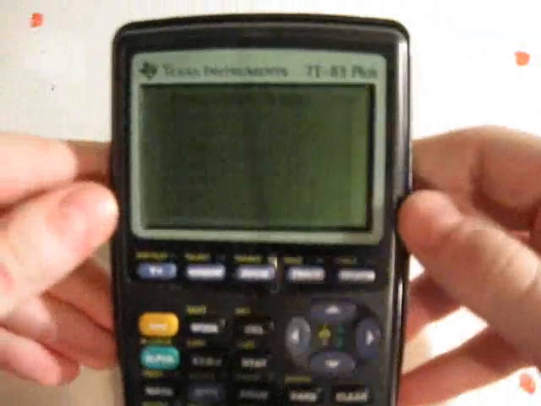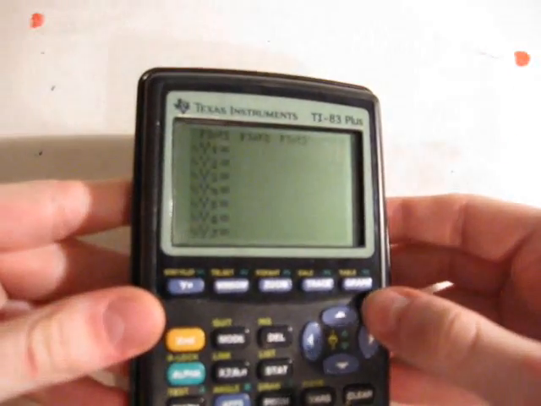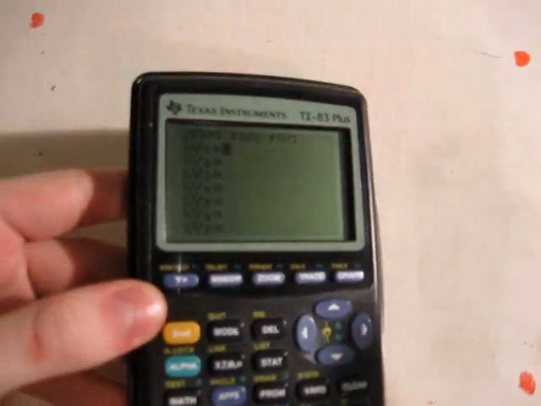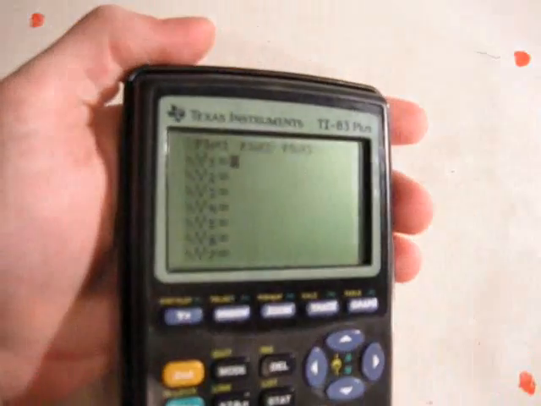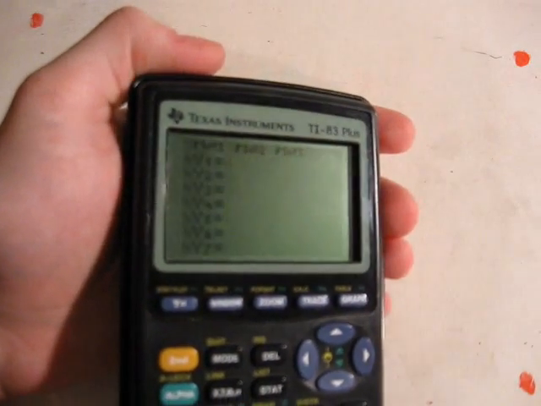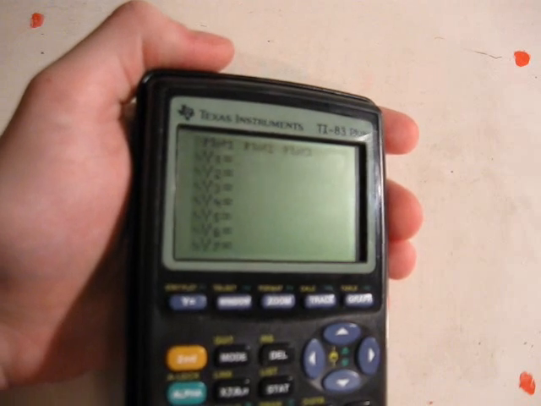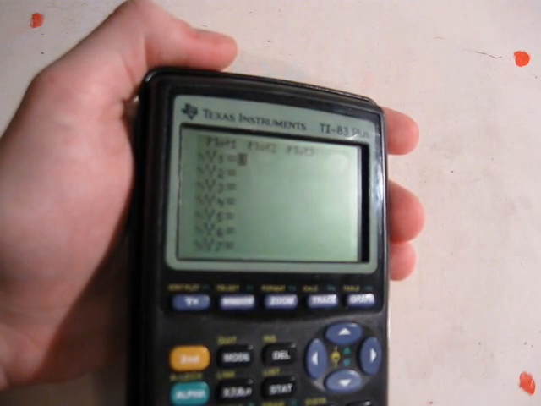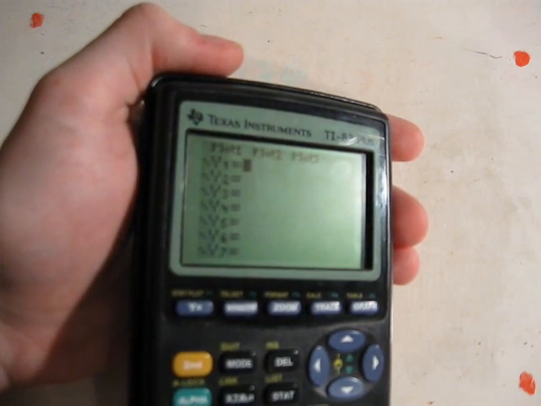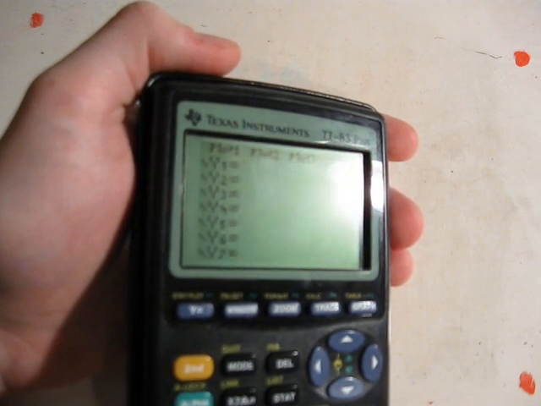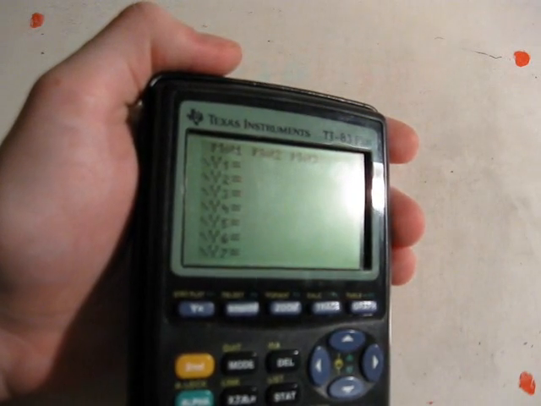The best way to show you this would be to use a graphing calculator, which I have right here. Now, let's say that you wanted to check a polynomial to see where the zeros are, just using a graphing calculator.